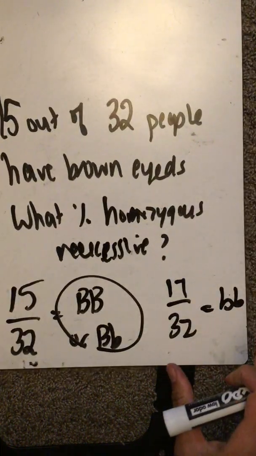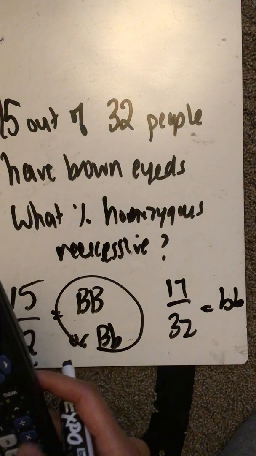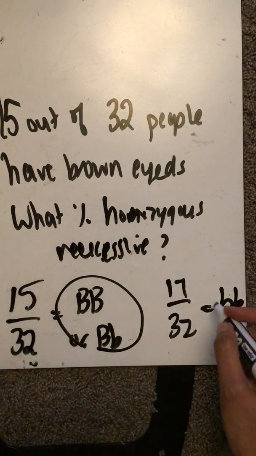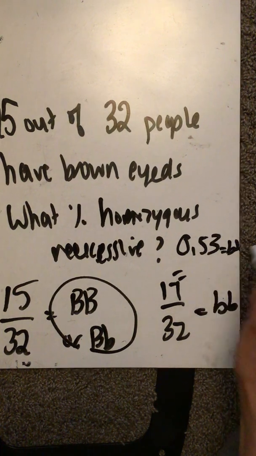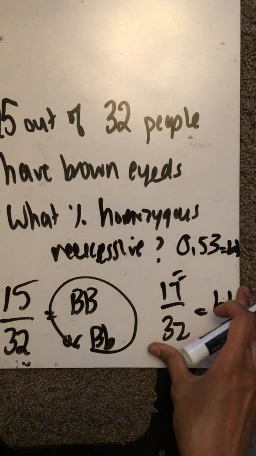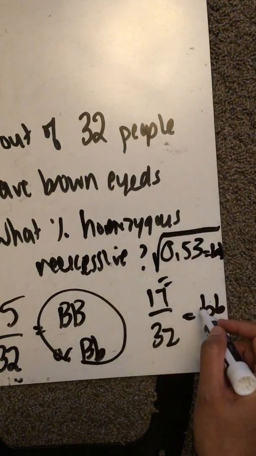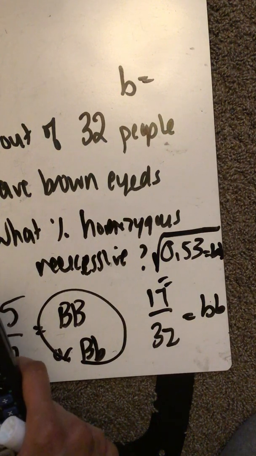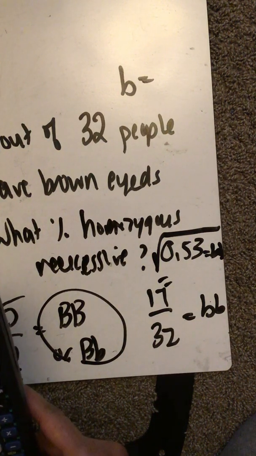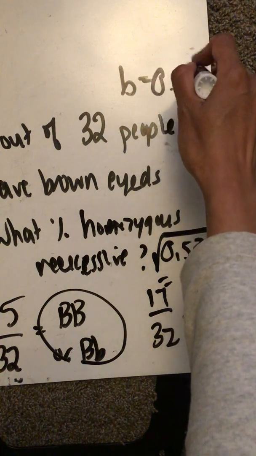I know that, so I go 17 divided by 32. Hey, guess what? 0.53 are little b, little b. That's how much are little b. I can square root that to solve for little b. And I get, hey, little b is equal to 0.73.